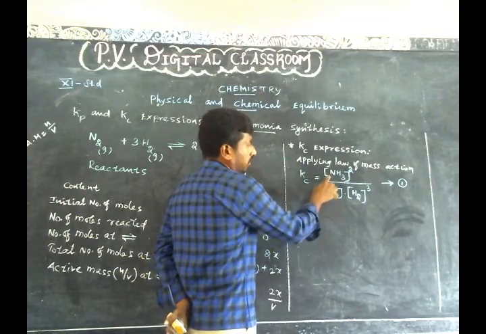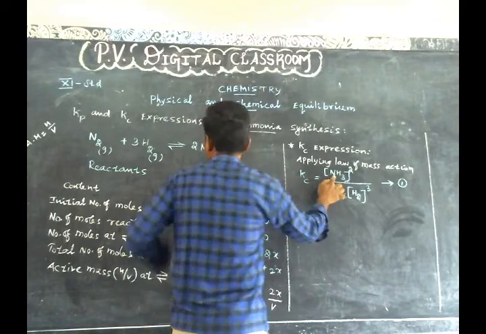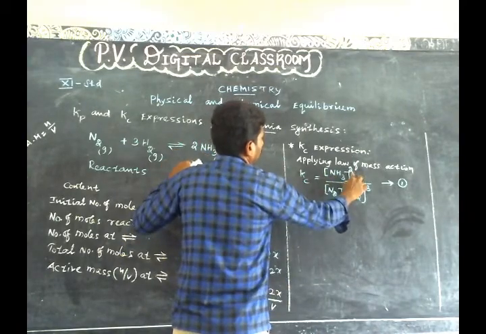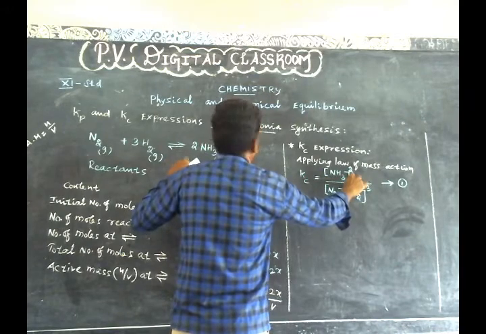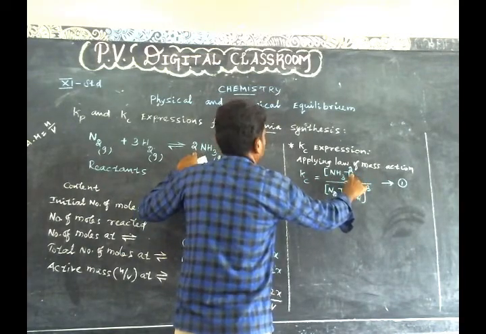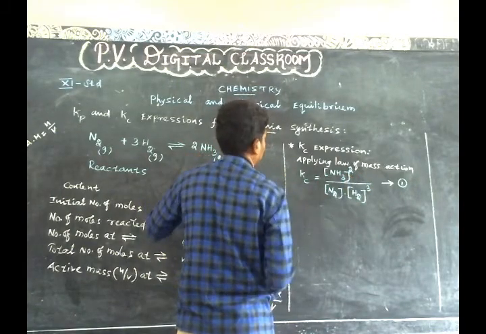In this equation, this term represents the active mass of ammonia gas at equilibrium. This number 2 represents the stoichiometric coefficient of ammonia gas.